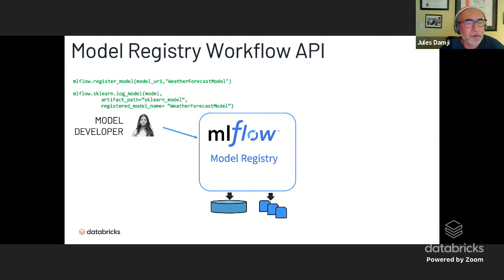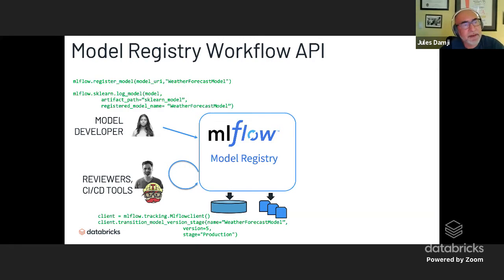Now here I'm registering a model called weather forecast, and it's going to either create a new model called weather forecast with that particular URI, and if one exists, then it's just going to create the next version available. Or I can do it from within my MLflow run where I'm tracking the server, and when I'm done with it, I'll just go ahead and register it as model weather forecast.